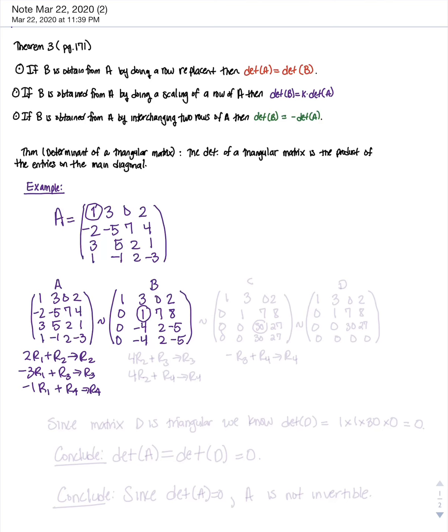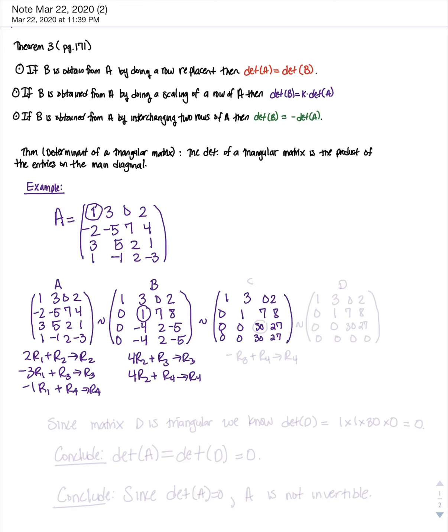Our row operations this time are 4 times row 2 plus row 3 to replace row 3, and 4 times row 2 plus row 4 to replace row 4. This gives us the matrix 1, 3, 0, 2, 0, 1, 7, 8, 0, 0, 30, 27, 0, 0, 30, 27.